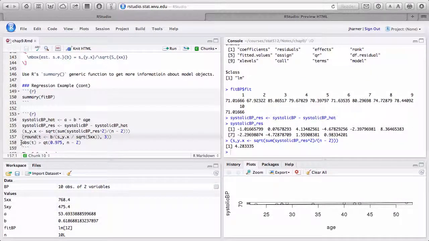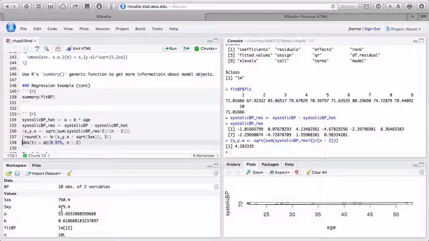Now I'm going to look at the t. The t was in the upper tail, so if I want some conclusion, I could say if I use the quantile corresponding to 0.975, then if it's greater than that in the upper tail, or if it's less than the quantile in the lower tail, which is 0.025, then I would reject.